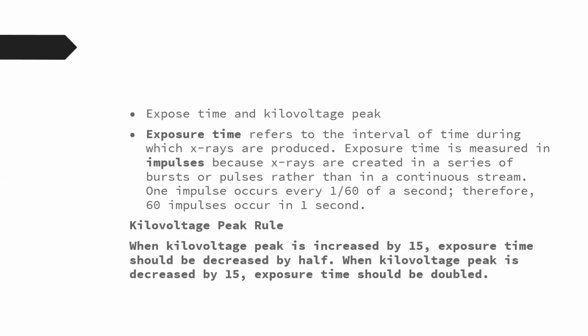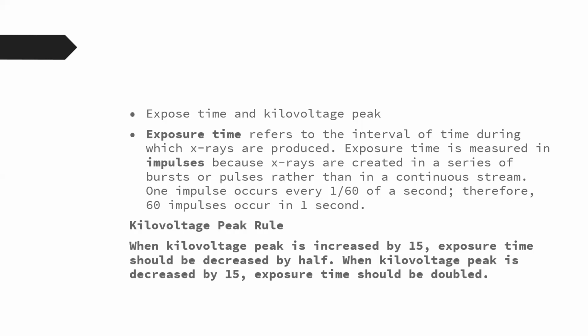Now, exposure time and kilovoltage peak. The exposure time refers to the interval of time during which the X-rays are produced, and it is measured in impulses, right? So within 1 second, there are 60 impulses that occur, right?